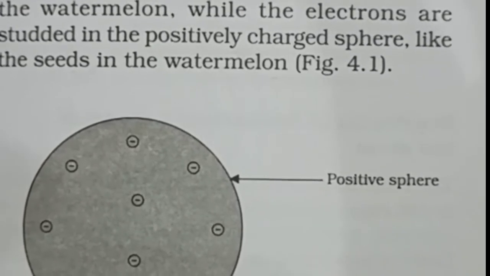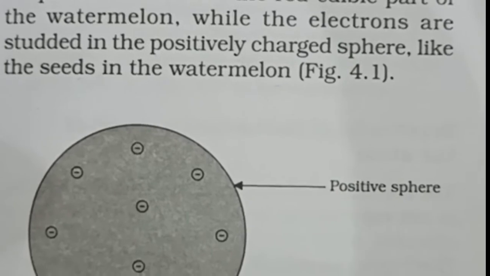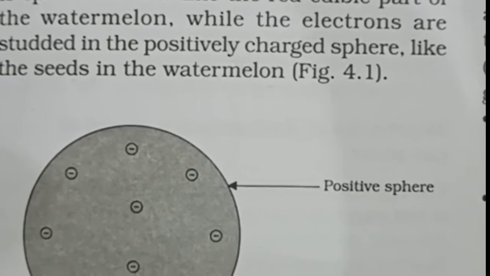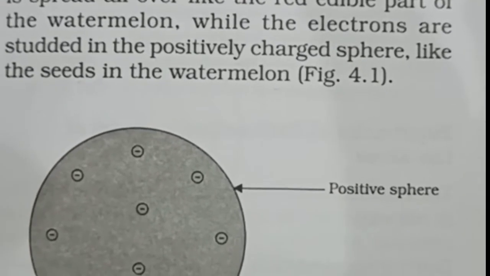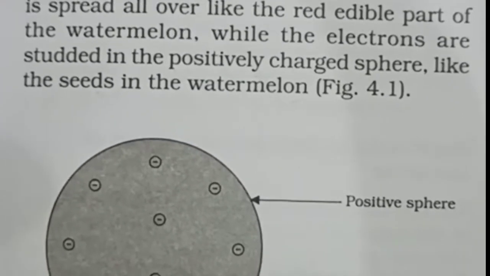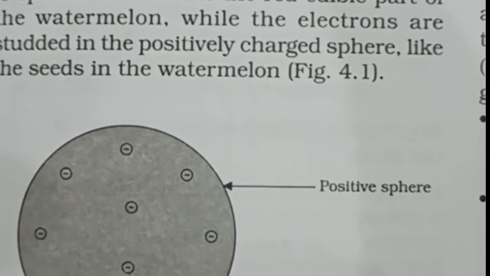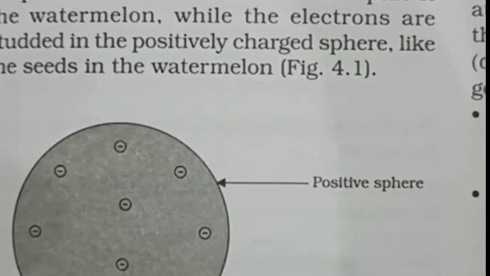He proposed that the atom is like a Christmas pudding, where the electrons in the sphere of positive charge were like the dry fruits in a spherical Christmas pudding. You all must have seen Christmas pudding.